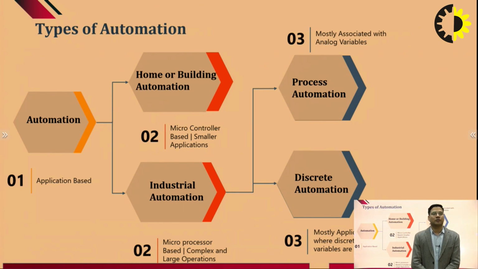So if I talk about types of automation, we have home automation or building automation, used in domestic applications related to household activities. When I use automation in industries, particularly process automation or discrete automation, I have another form, industrial automation, where I use microprocessors to perform complex and large operations.